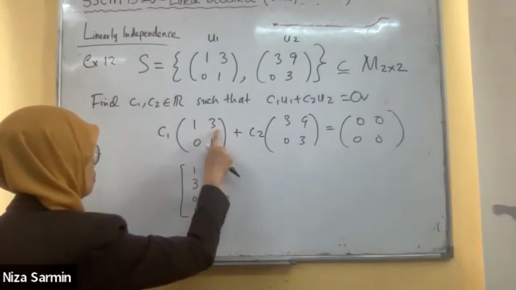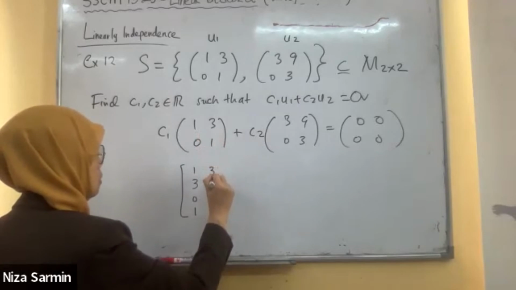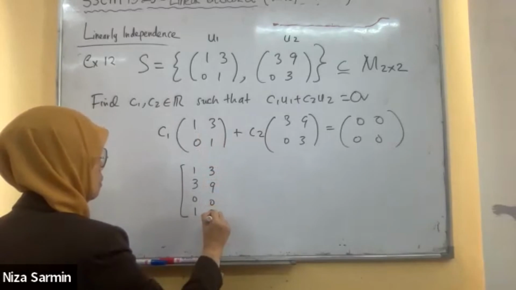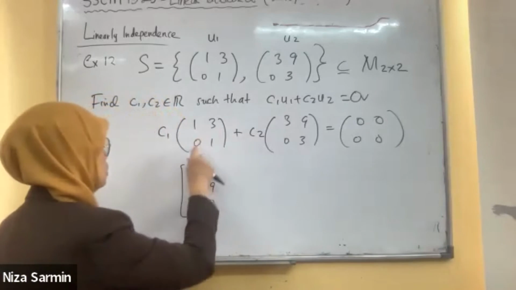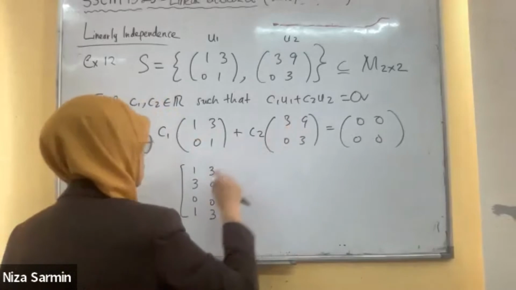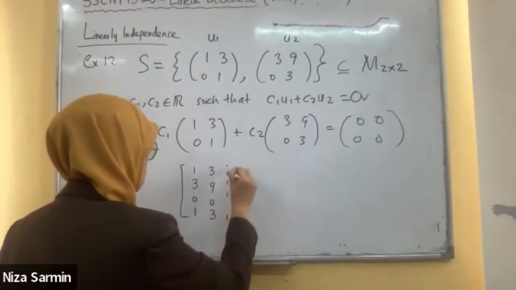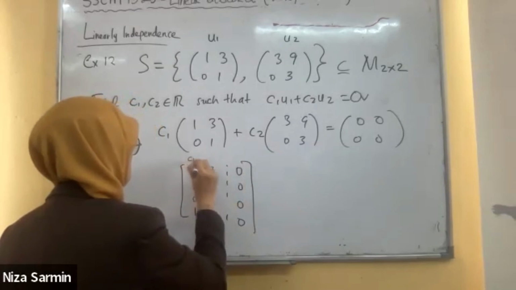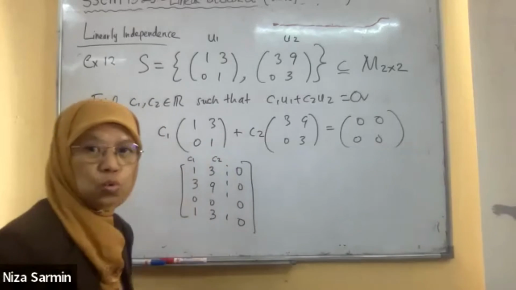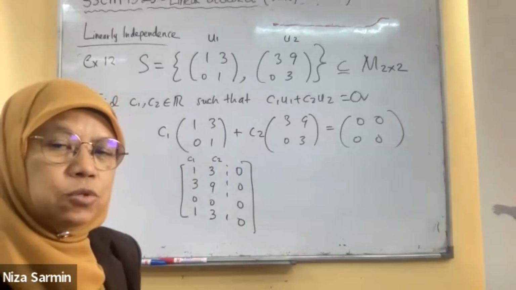(1, 3, 0, 1), (3, 9, 0, 3). I normally write in terms of row. (1, 3, 0, 1), (3, 9, 0, 3) and then 0000. This is the C1 and the C2. You cannot just take the first 2 rows.